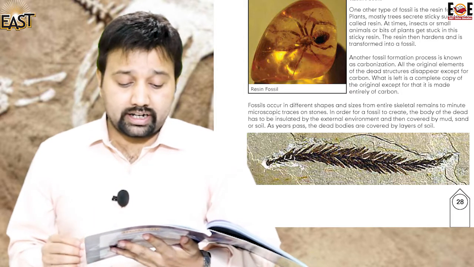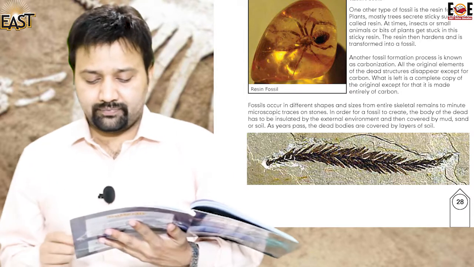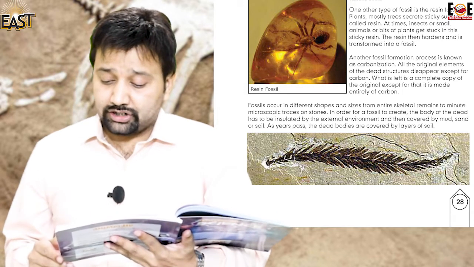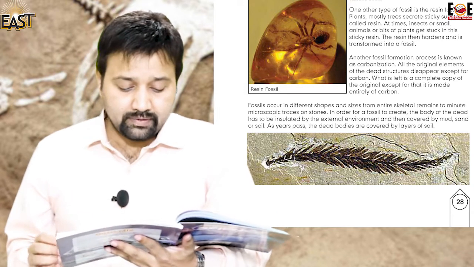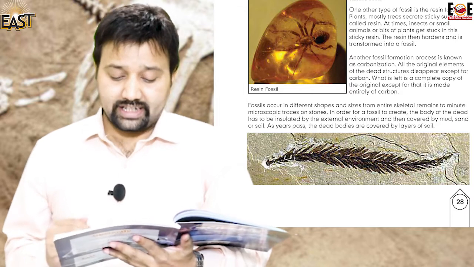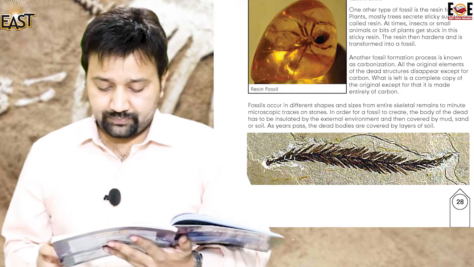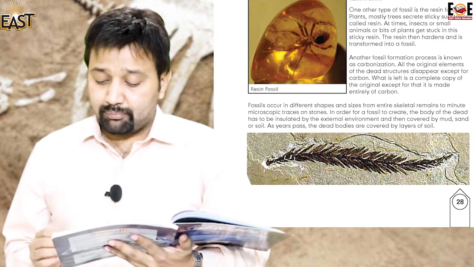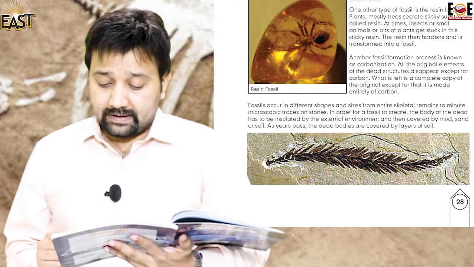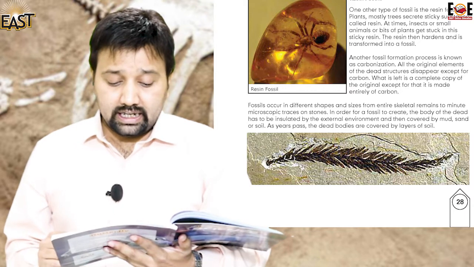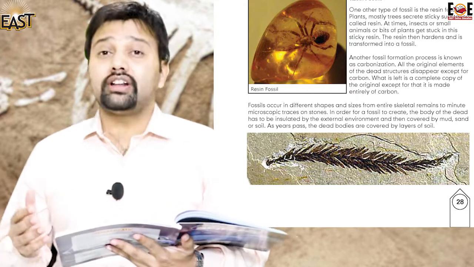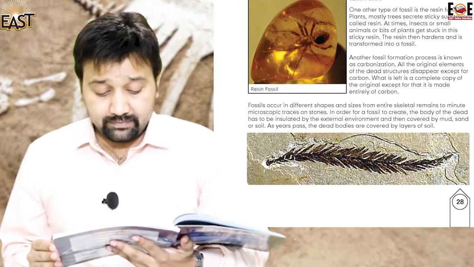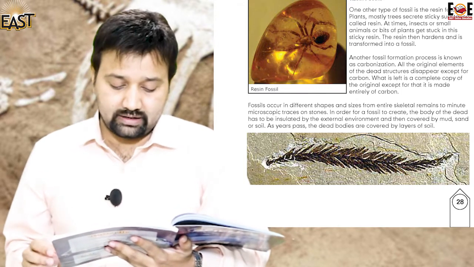Fossils occur in different shapes and sizes, from entire skeletal remains to minute microscopic traces on stones. In order for a fossil to be created, the body of the dead has to be insulated from the external environment and then covered by mud, sand or soil.